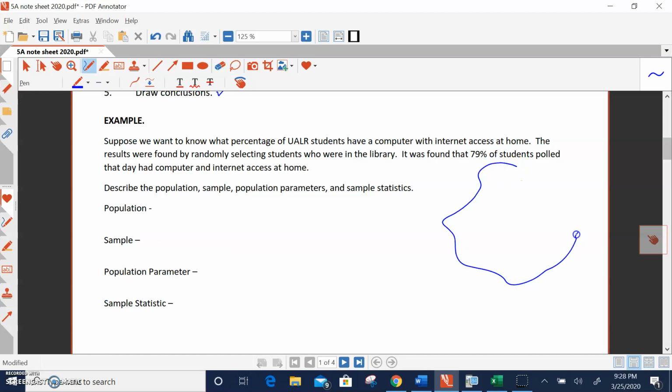So we have a population, that's UALR students. So that's the big set. Then we have a sample of students that we got from the library. So there is my sample. And in that sample, we found out that 79% of them had computer and internet access at home.